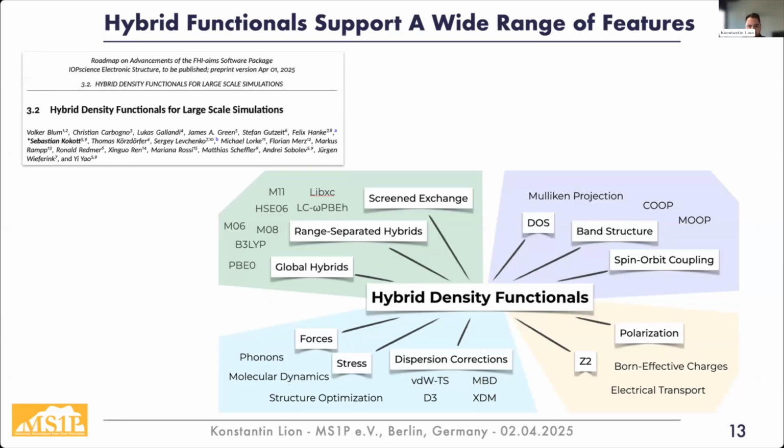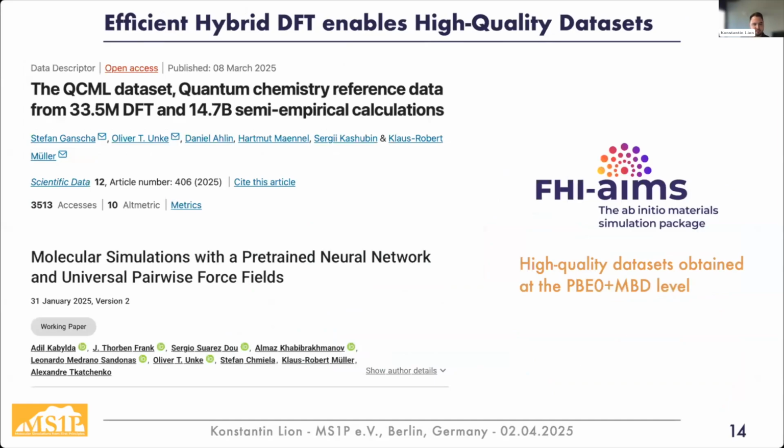And what we've already seen in recent times, so these are two recent papers, is that this now really allows other researchers to also create extremely high-quality data sets. So data sets currently, when used for machine learning foundation models and so on, are mostly based on GGA or GGA plus U level calculations. But we think now that with FHI-aims, this really allows also to do extremely high quality, hybrid density functional quality data sets.